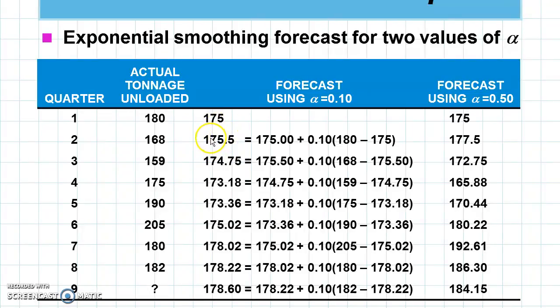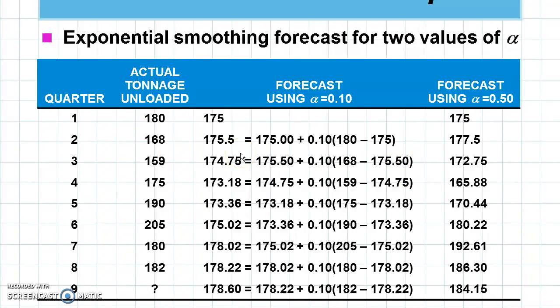We then take that 175.5, which is our forecast, plus 0.10 times 168, which is our actual, minus our forecast, and that gives us our new forecast.